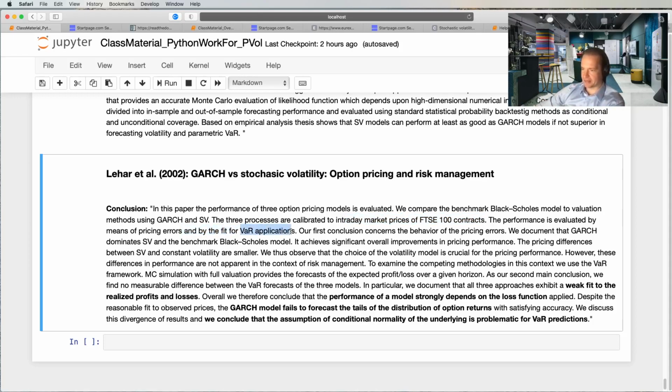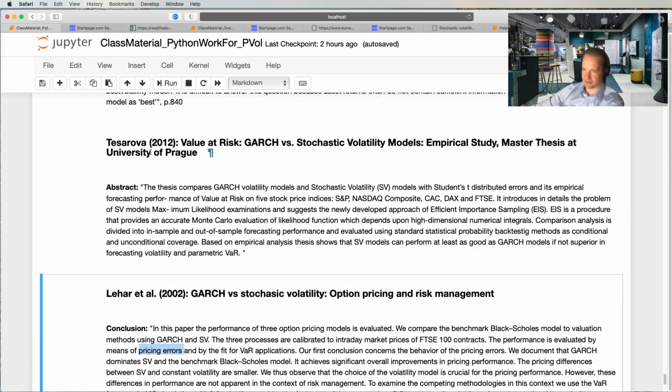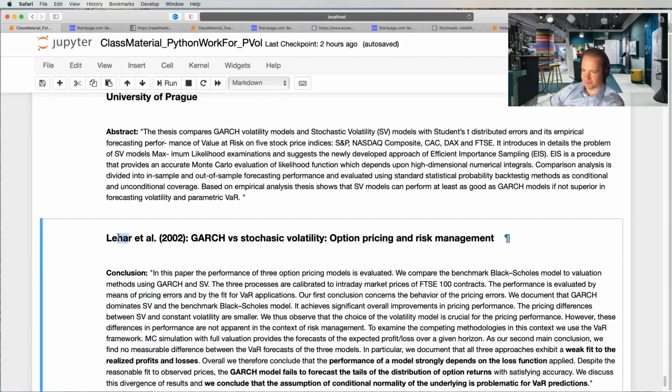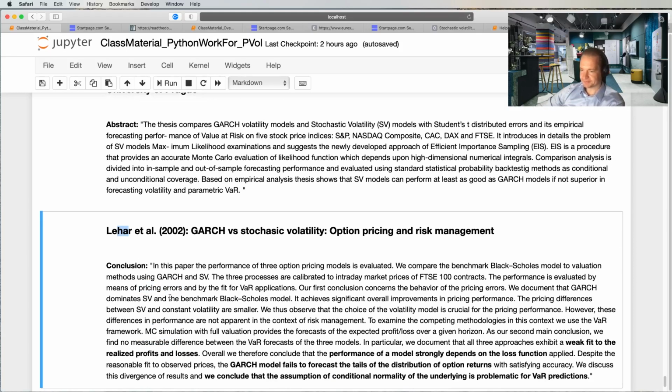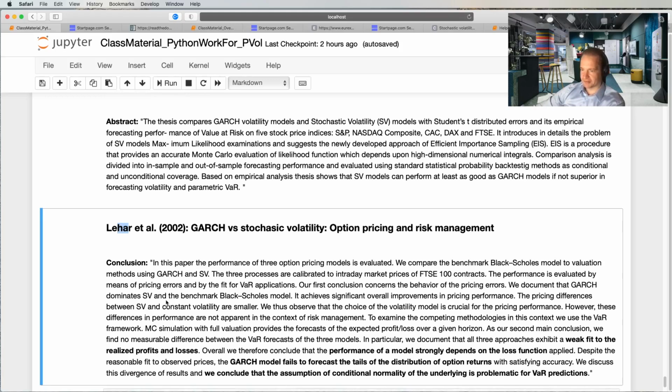So you see, again, they use value at risk like above, but it's more scientific. The other one was a master thesis; these are researchers who do it for a living. So they do also option. Our first conclusion concerns the behavior of pricing errors. We document that GARCH dominates stochastic vol and the benchmark Black-Scholes model.